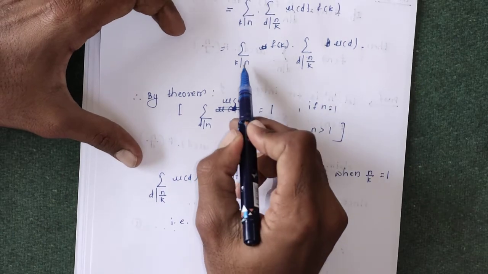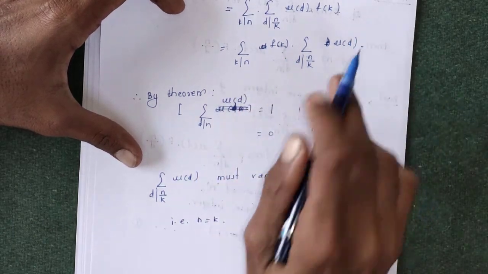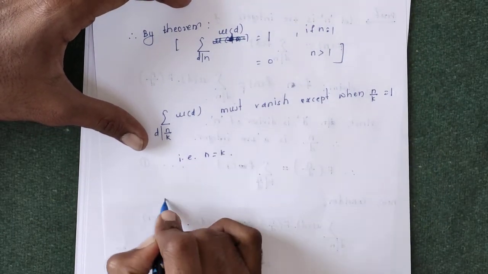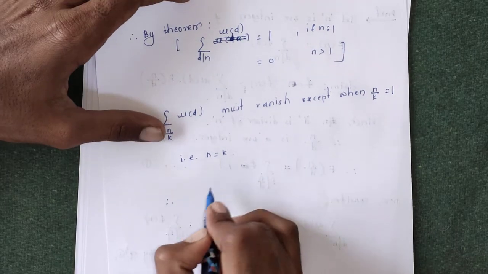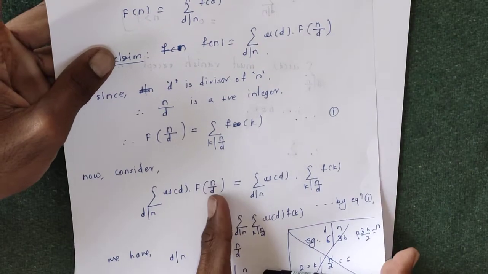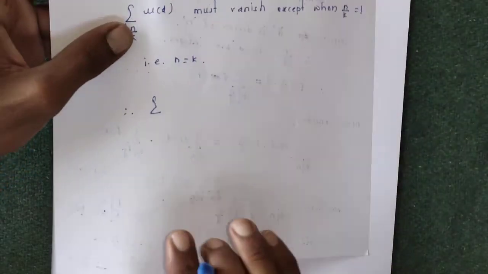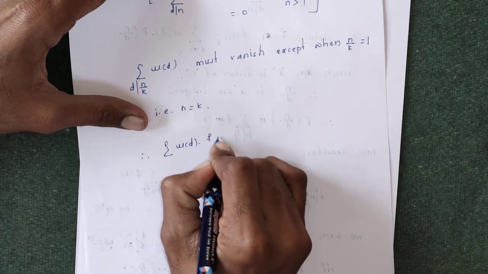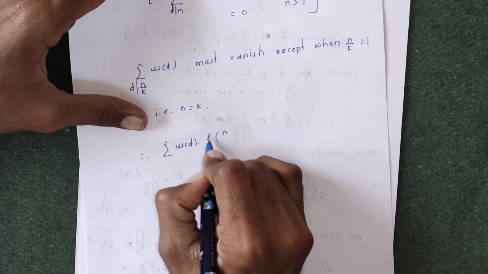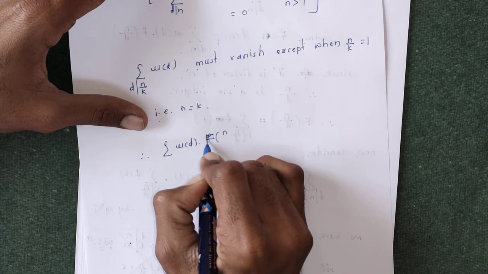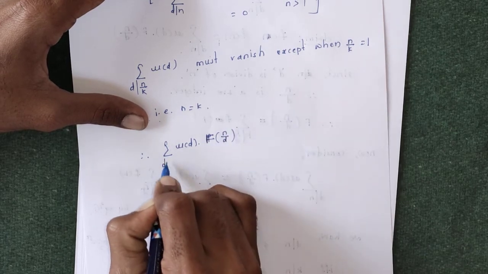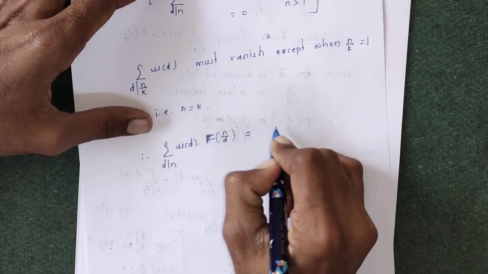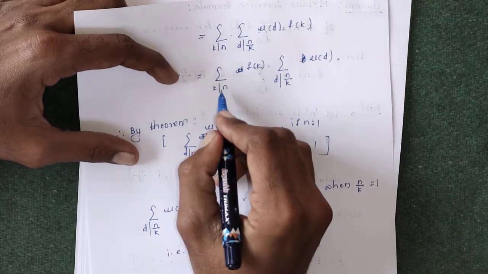Now, replacing n is equal to k in this equation, the right hand side, that is, summation mu of d f of n by d, where d is a divisor of n, will become summation k divides n.